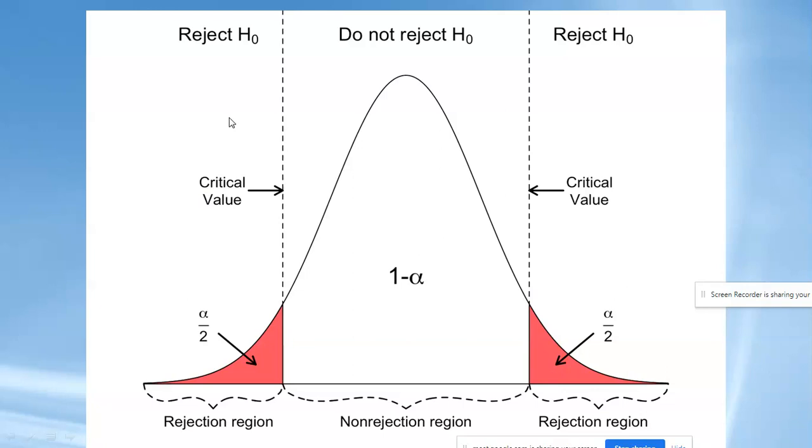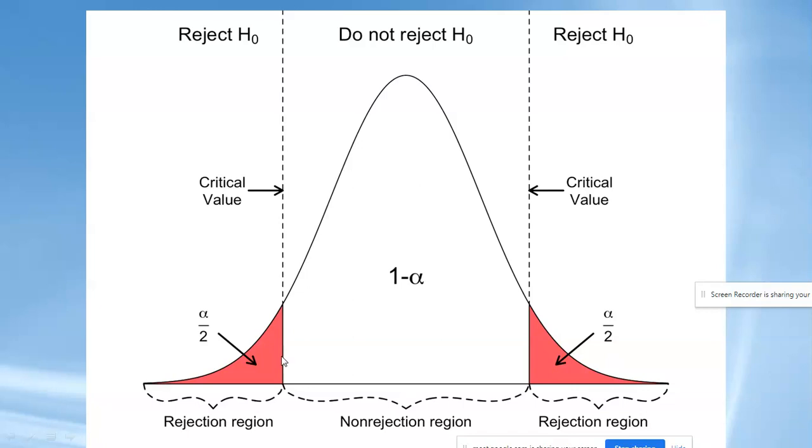So the alpha region is divided into two parts. On the right-hand side we see alpha by 2, that is half of the portion, and on the left-hand side again half of the portion. So this red color region is called the rejection region.